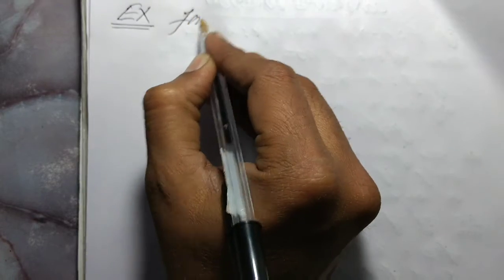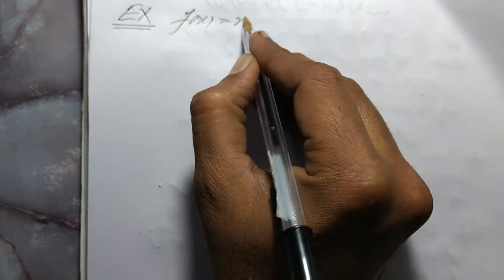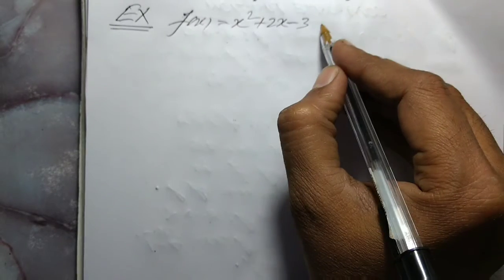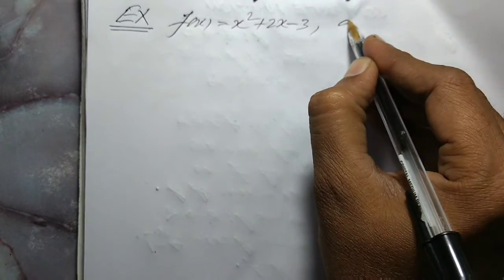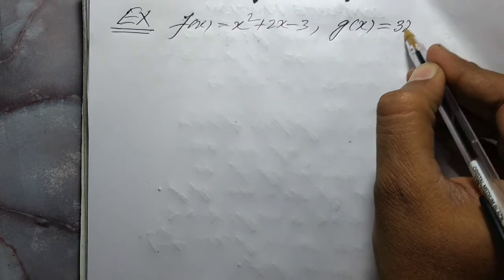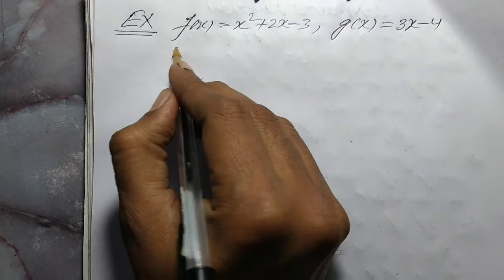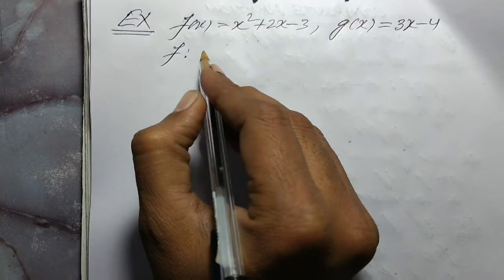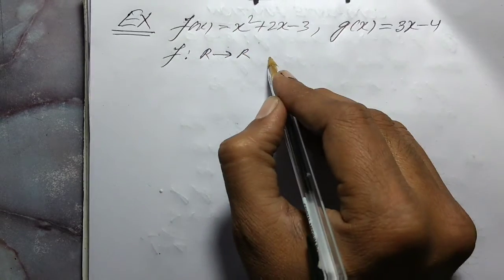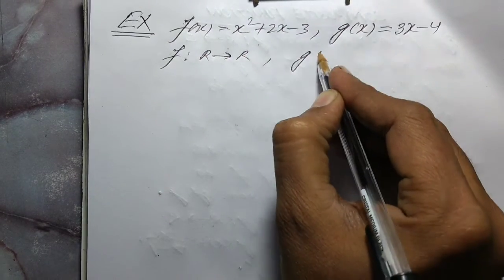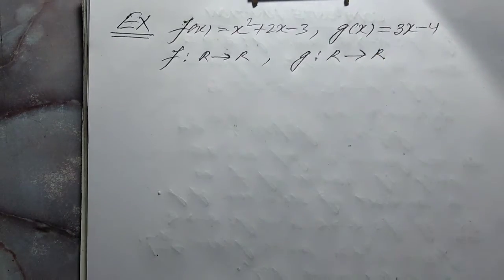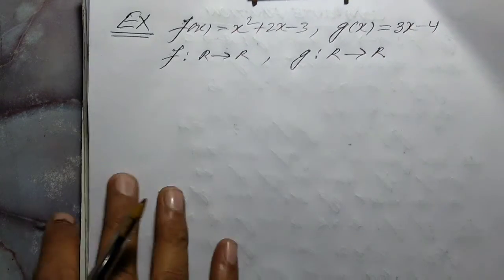Say f(x) is defined as x square plus 2x minus 3 and g(x) is defined as 3x minus 4, and both f and g are from R to R. So that gof and fog both are possible.